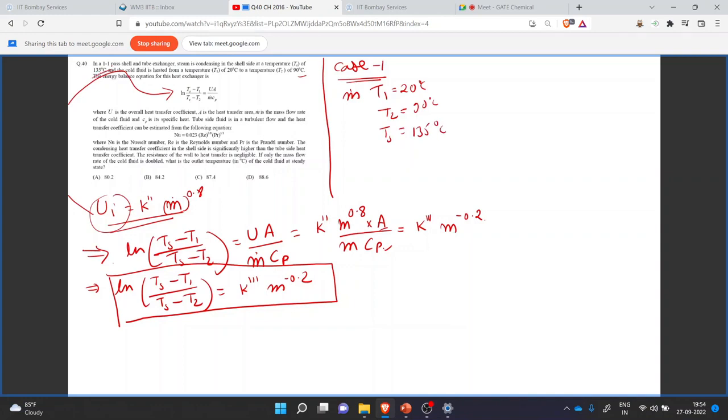In the second case, the mass flow rate is double, that is m2 will become twice of m1. Rest all, that is T2, we have to find. T1 and Ts will remain the same.